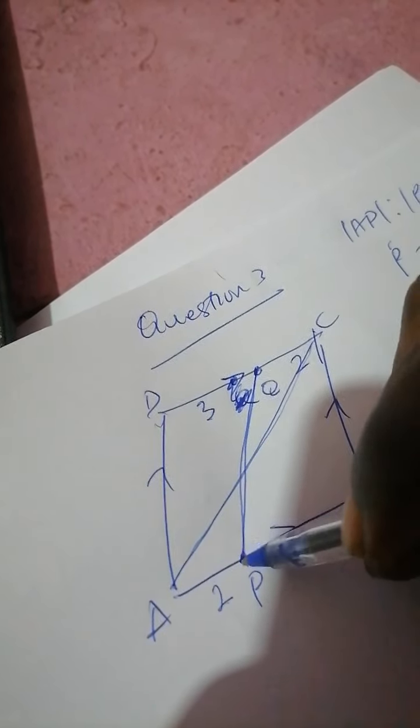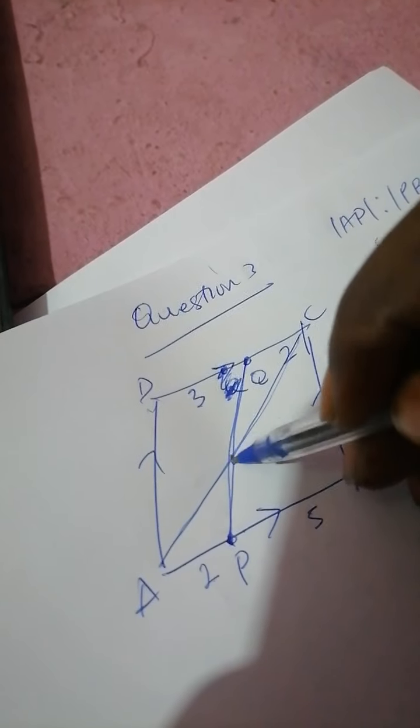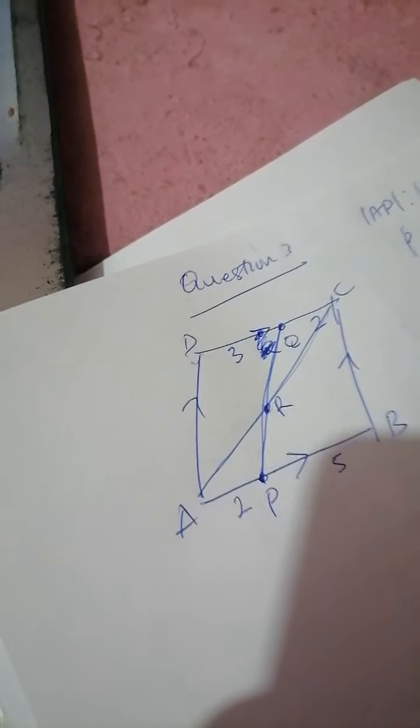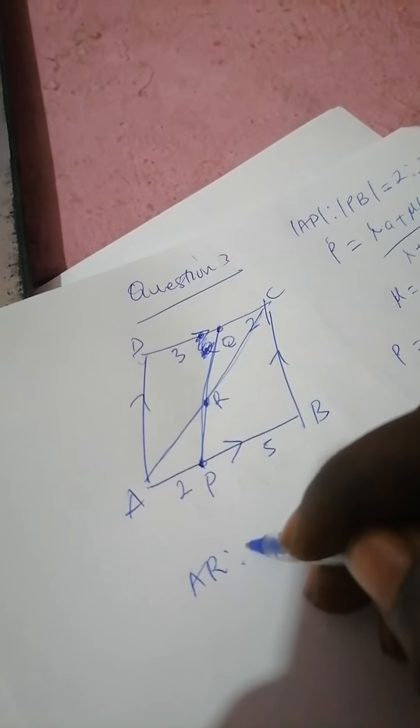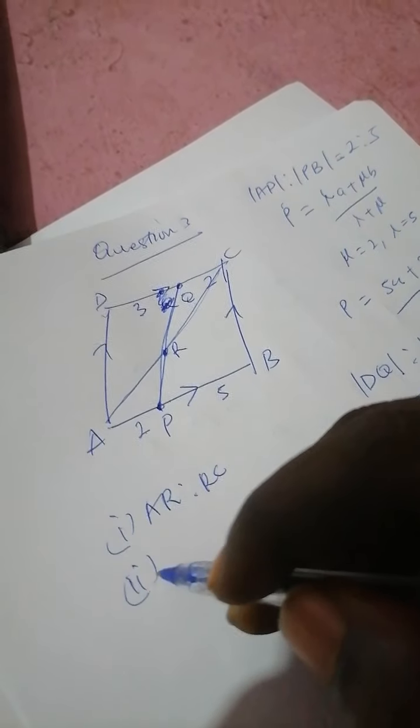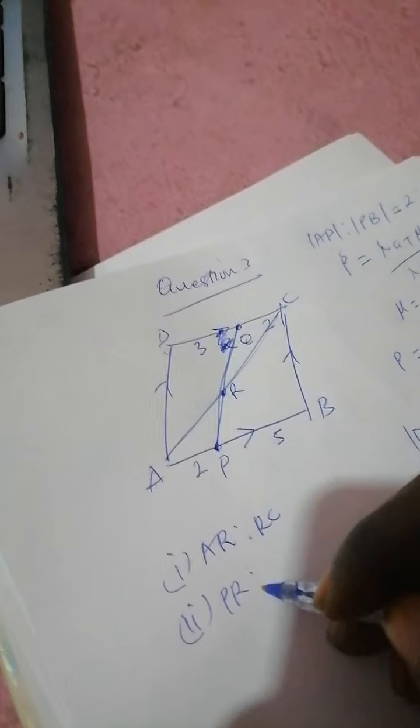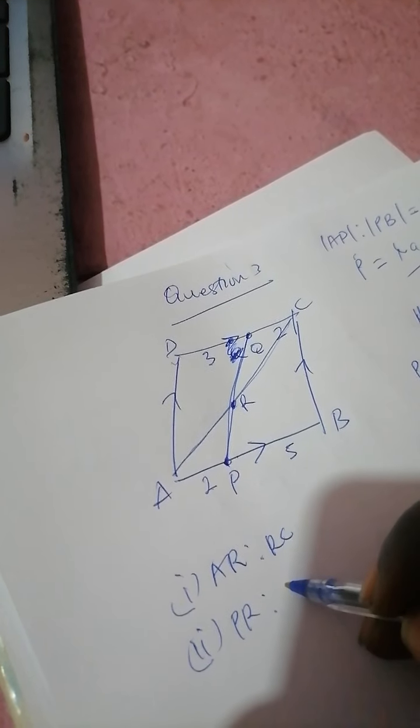So the point of intersection is R, right? And we want to find the ratio of AR to RC. This is 1. And 2, we want to find the ratio of PR to RQ. This is what we want to find.